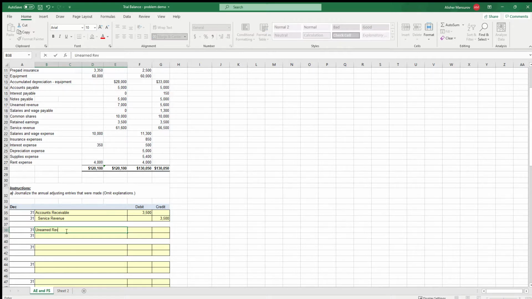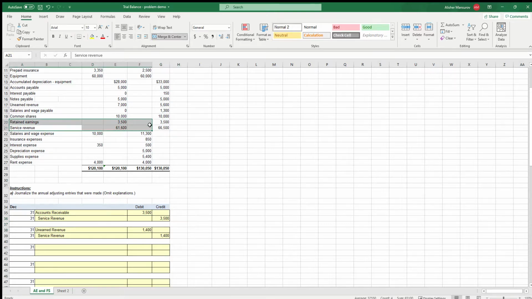The liability account is going down on the debit side, so $1,400, and service revenue went up by the same amount. So these two changes give us a $4,900 increase in service revenue.